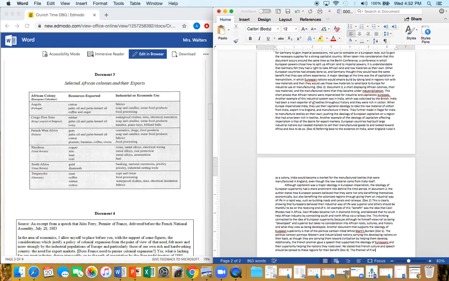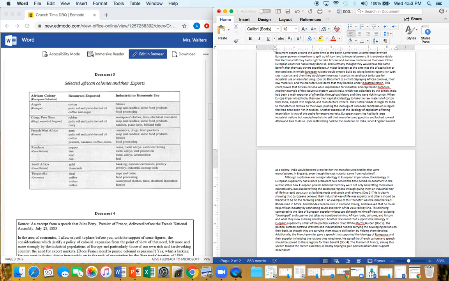The Premier of France, aiming this speech toward the French Assembly, is clearly hoping to gain political actions that support imperialism and that support both ideologies of superiority and capitalism.